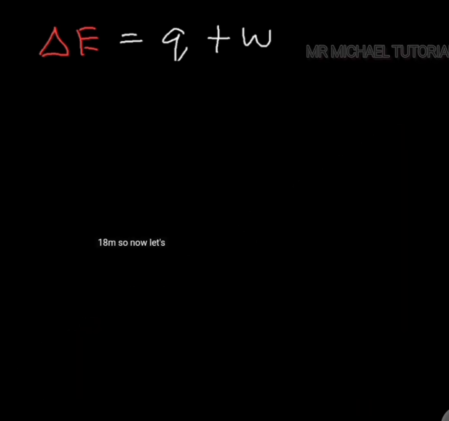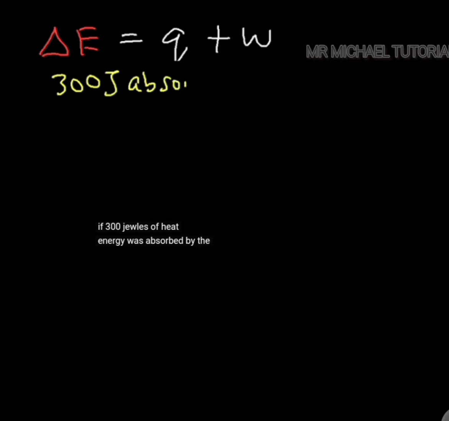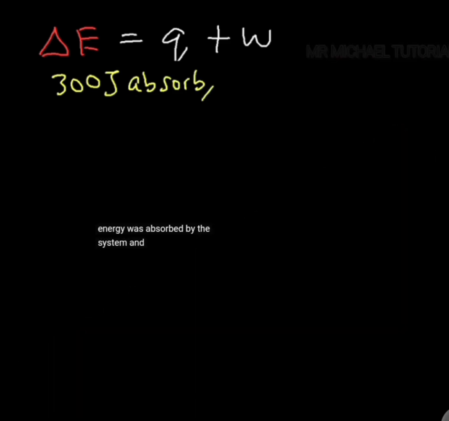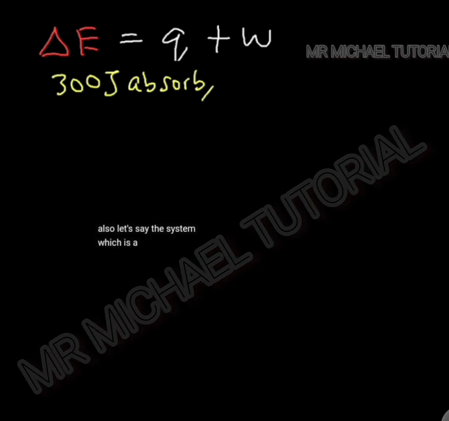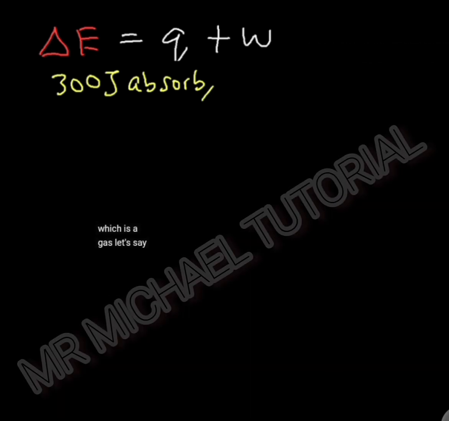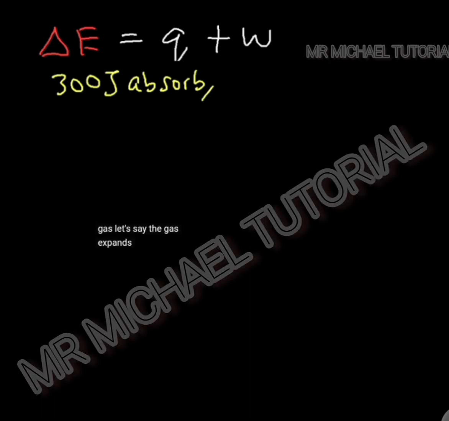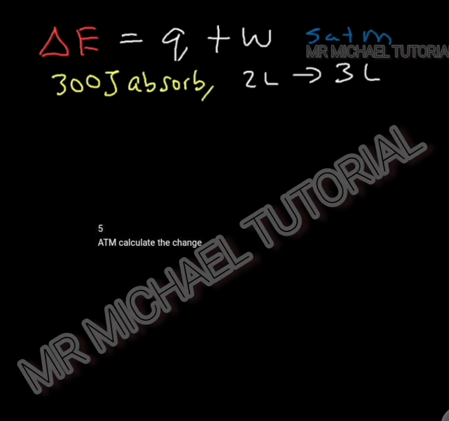So now, let's say 300 joules of heat energy was absorbed by the system, and let's say the system, which is a gas, expands from 2 liters to 3 liters at a pressure of 5 atm. Calculate the change in the internal energy of the system.